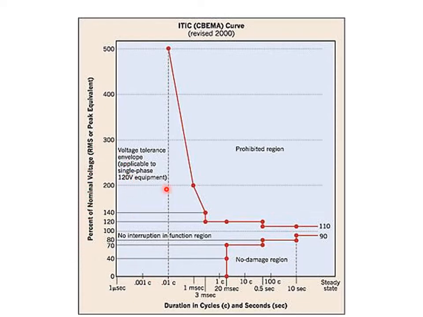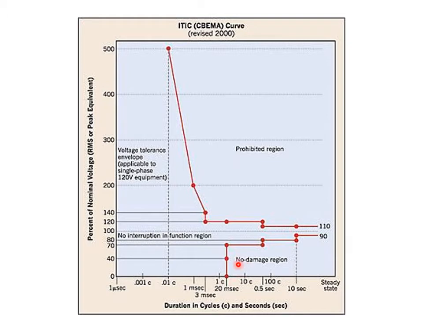And these are the operating limits. Above this limit it is a prohibited region. That means if you operate the device in this region, it will damage the device. Similarly, there is a lower limit. If you operate below this limit, it may lead to failure. That is how it is drawn.